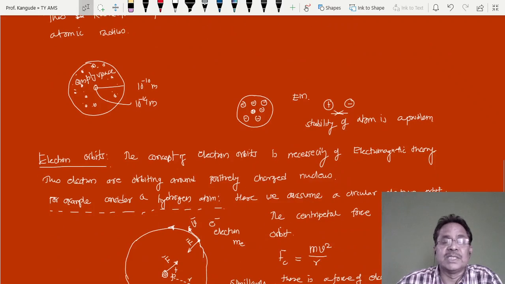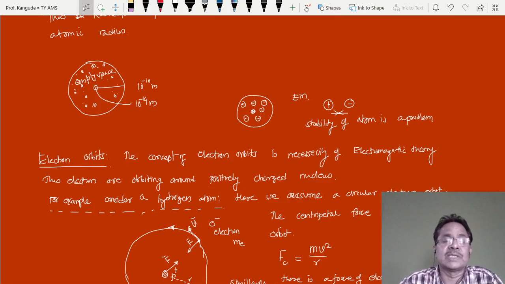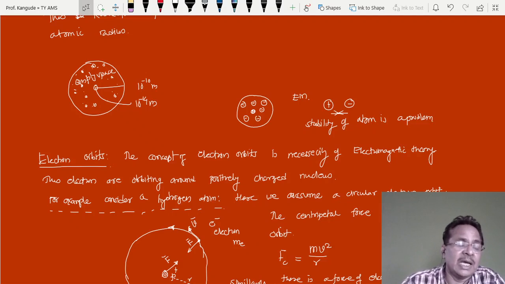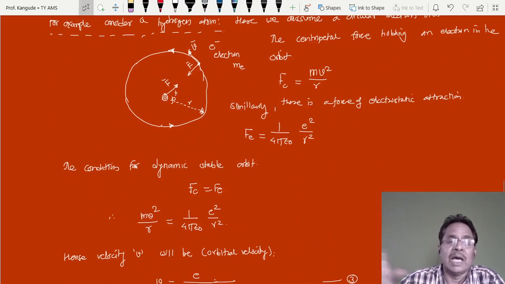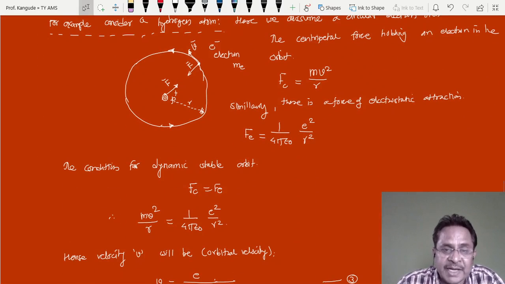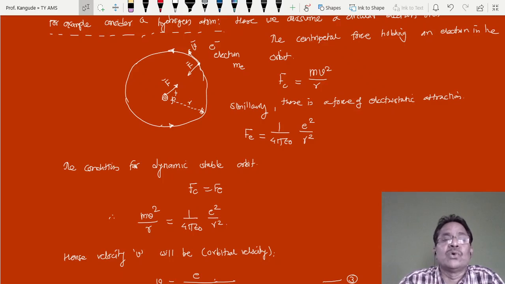Once this picture was taken, it was found to be a problem: electromagnetic instability. So people started thinking about these electrons orbiting inside an atom, and we can go for a simple picture assuming that the electron is not radiating. Then the force of attraction and the centripetal force must balance.